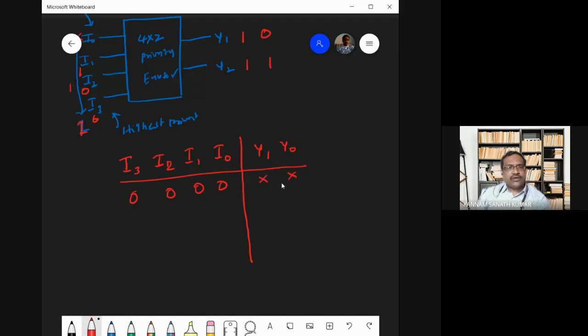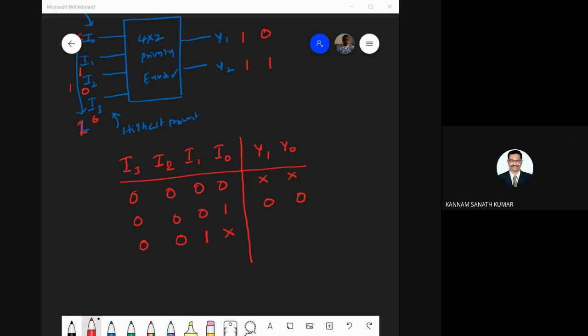When I0 is 1, the remaining are all 0, so you are getting the output 0, 0. Next, when I1 is 1, as I told you, I0 is having the least priority, so that is don't care.